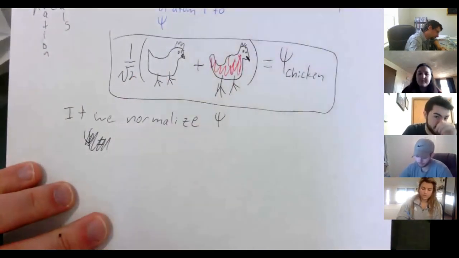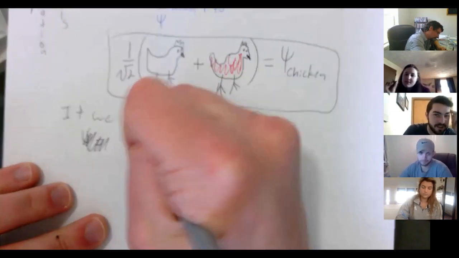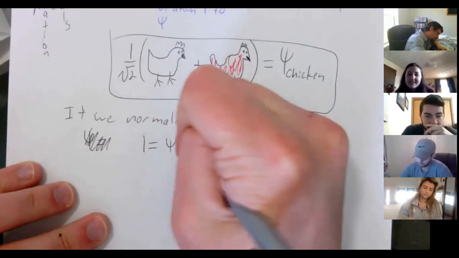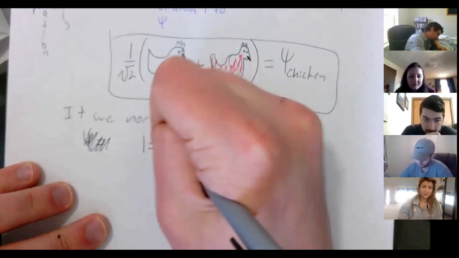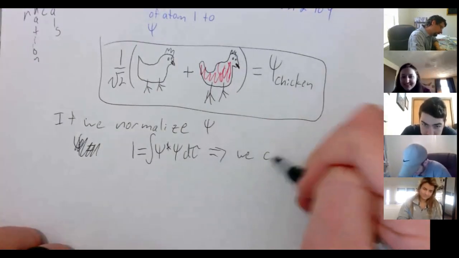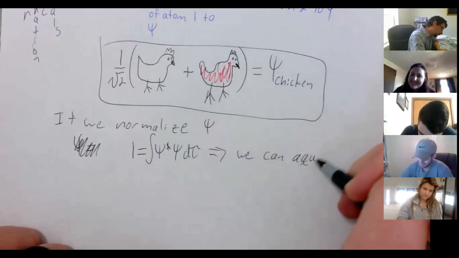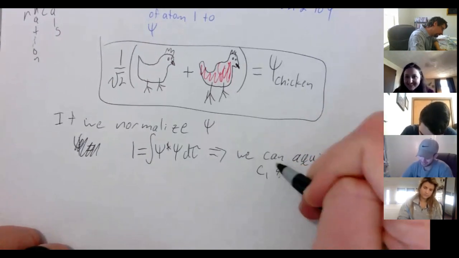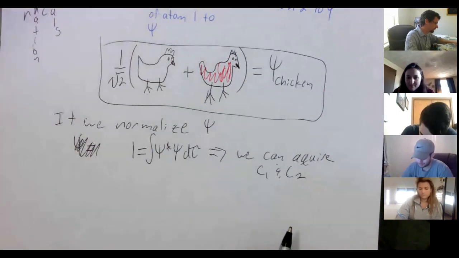Making that equal to 1. Sigma star times sigma d tau is equal to 1. Yeah, there you go. So we do that, and we can get C1 and C2, so we can know those.